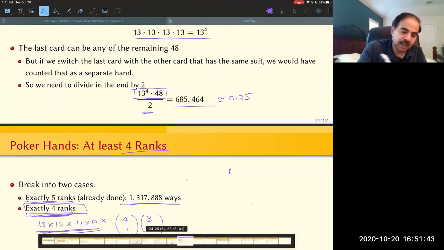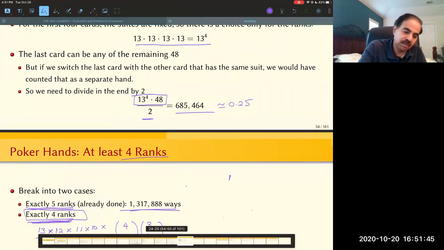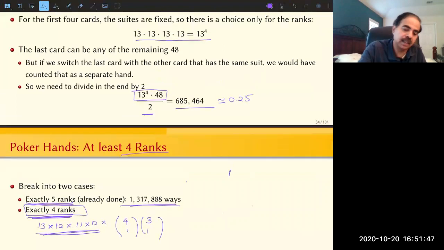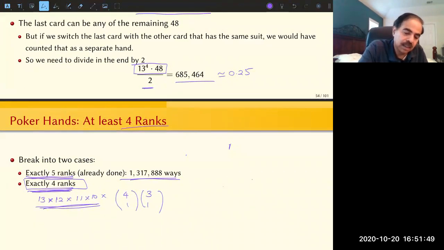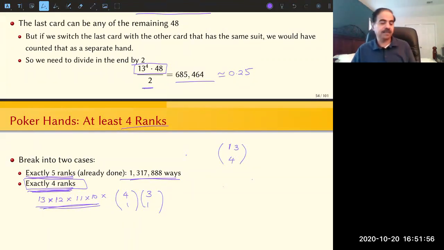Or obviously we could say 13 choose 4 to choose these ranks, right? And then we have to choose the suits for each of them, which we haven't done.